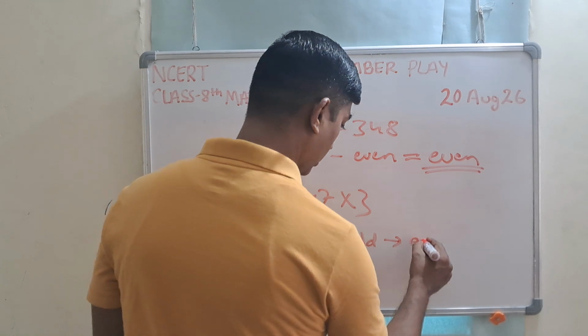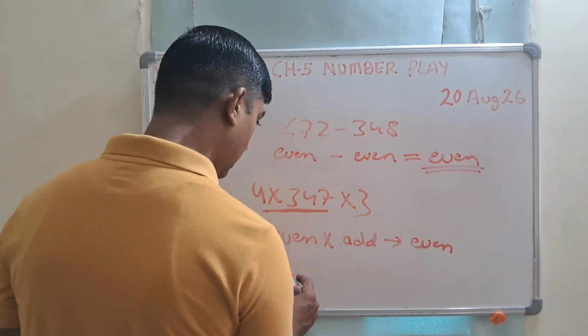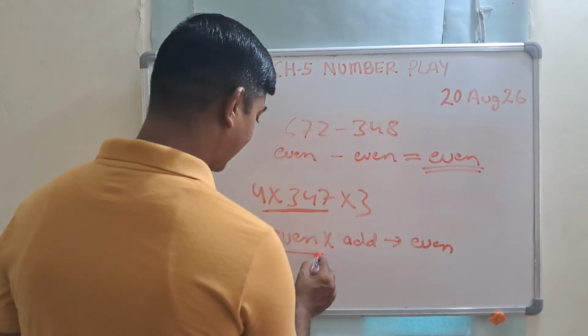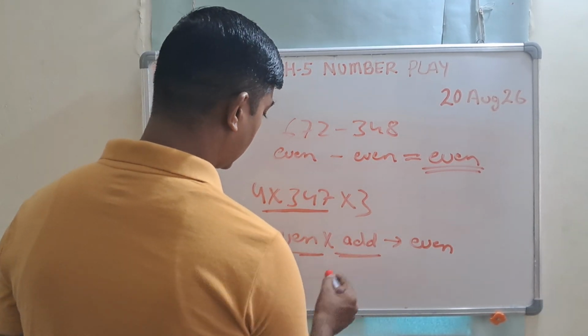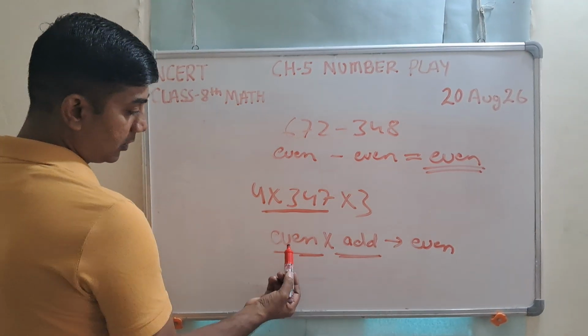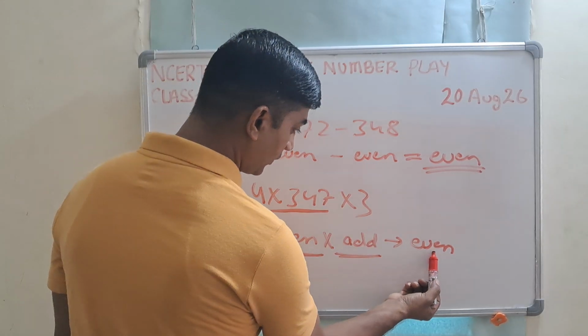Understood? Also, this is the case. This is the final case, that when an even number is multiplied by an odd number, the result is always even.